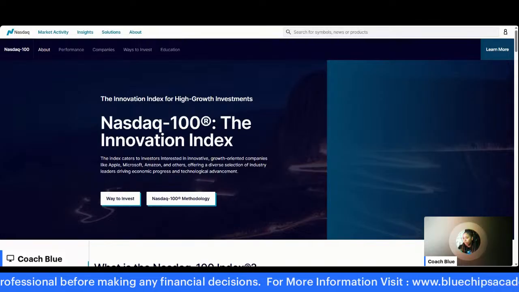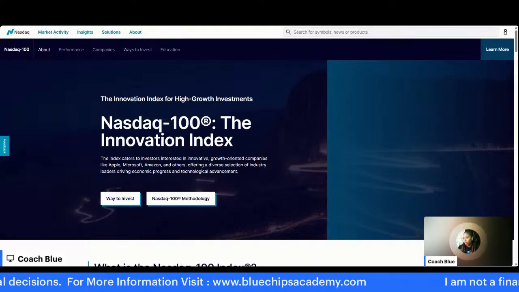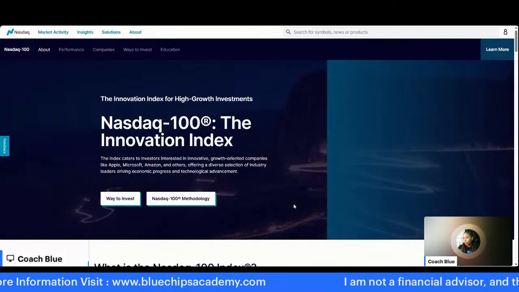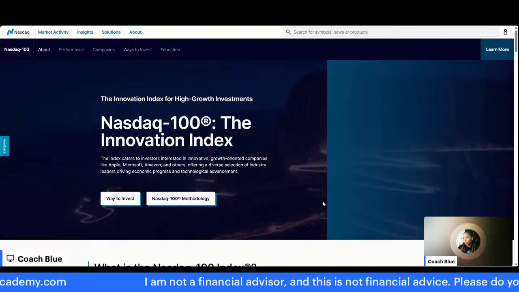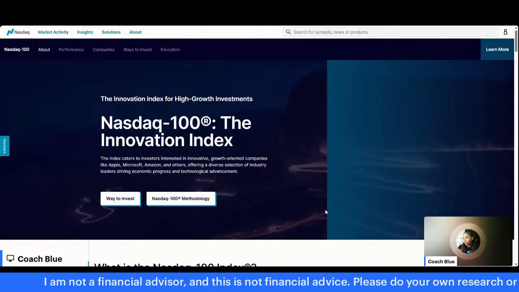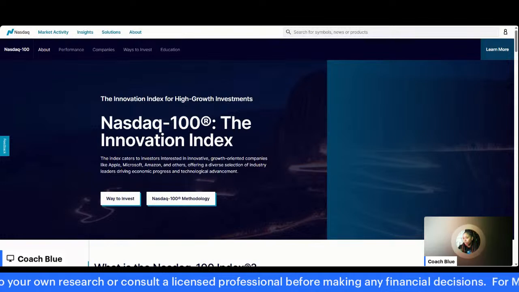So let's go ahead and look at NAS for today. We already know that it's an index that caters to investors interested in innovative, growth-oriented companies like Apple, Microsoft, Amazon, and others, offering a diverse selection of industry leaders driving economic progress and technological advancement.